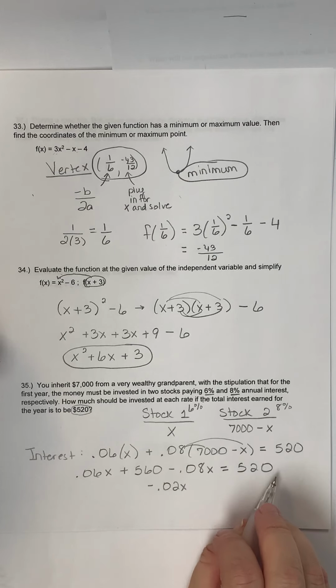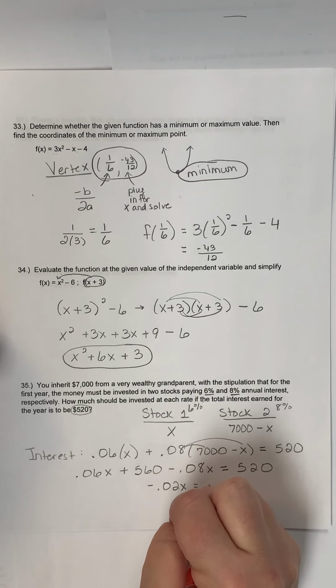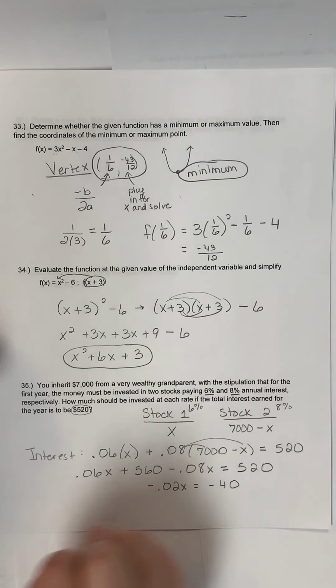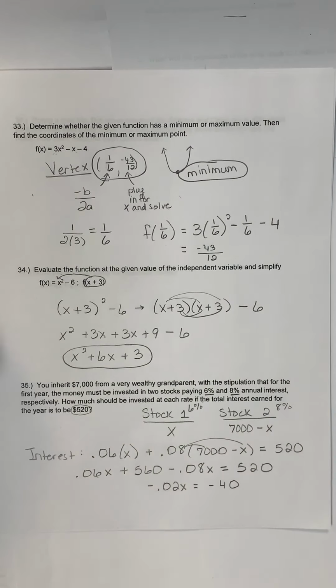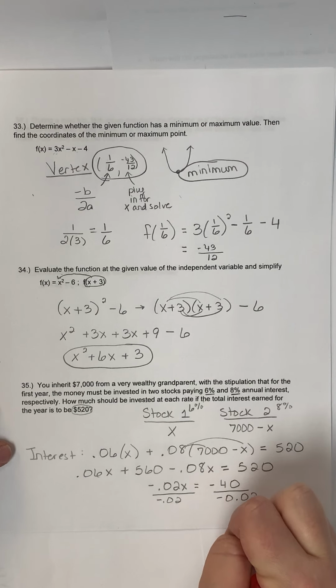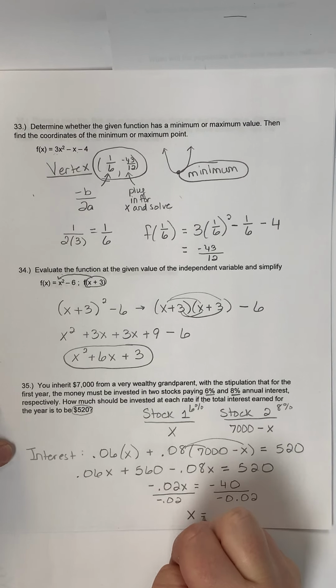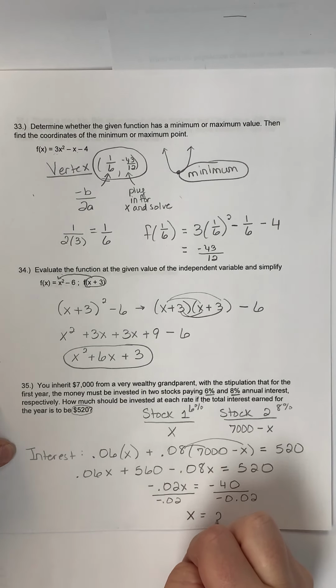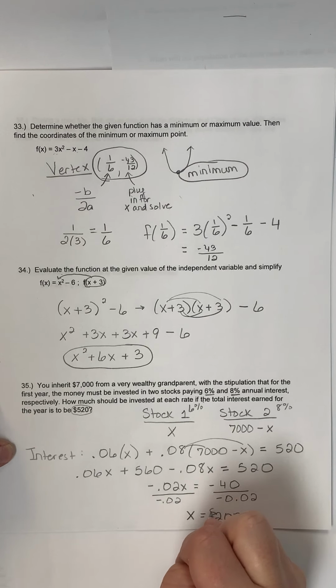I'm going to subtract my 560 and I get negative 40. Okay, I just combine like terms and put all the x's on this side and the constants on that. All right, now if I divide by negative 0.02, x is $2,000.